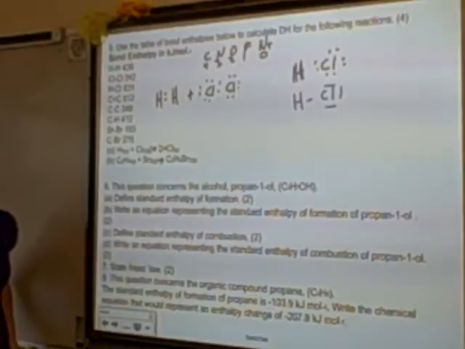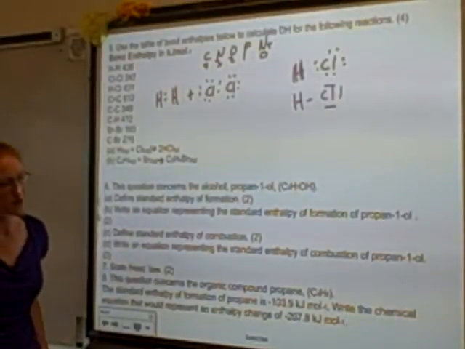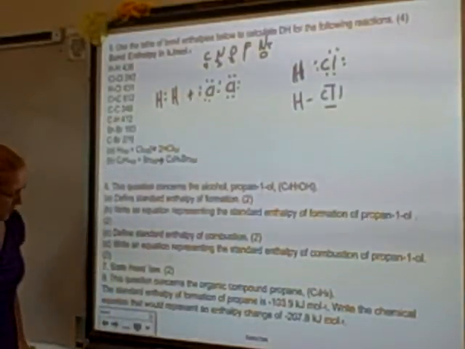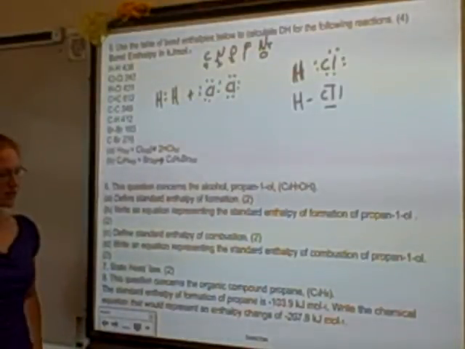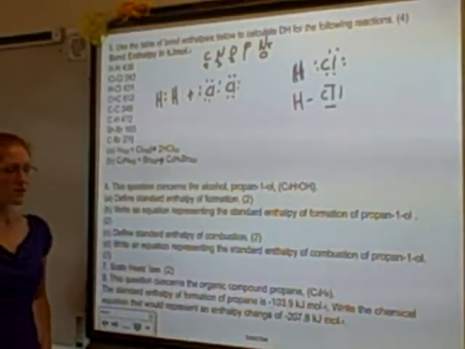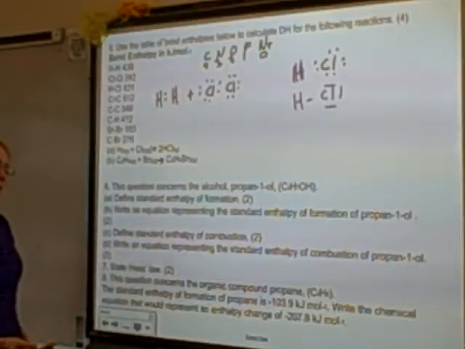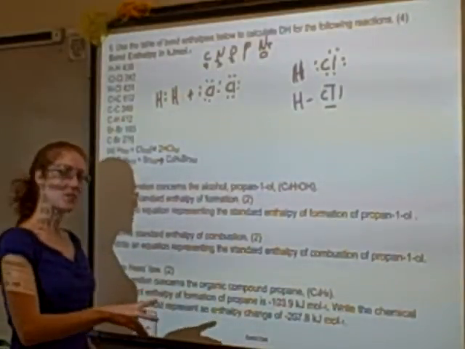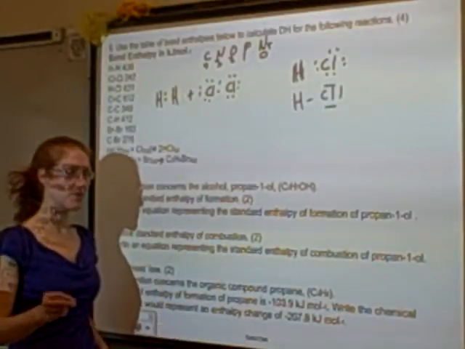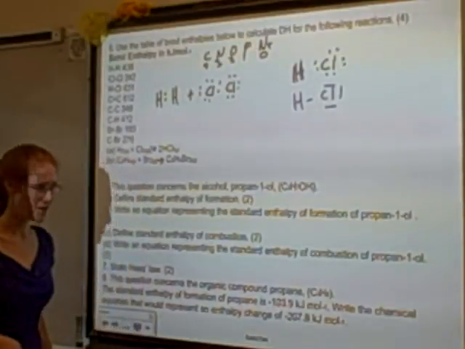And number 8, this question concerns the organic compound propane. The standard enthalpy of formation of propane is given at negative 103.9 kilojoules per mole. Write the chemical equation that would represent an enthalpy change of negative 207.8. Well, you can go straight to it, or if you're stuck on this one, which if you're watching the pointers, maybe you're stuck.